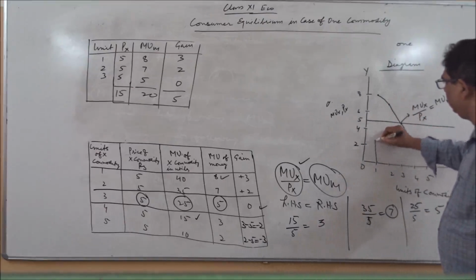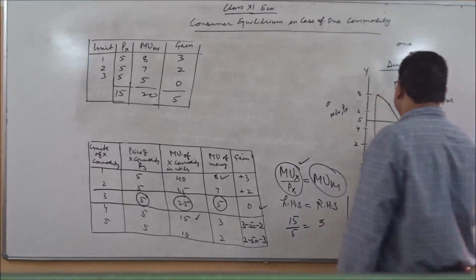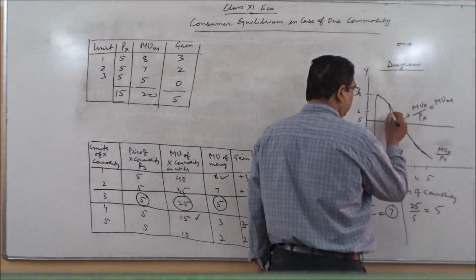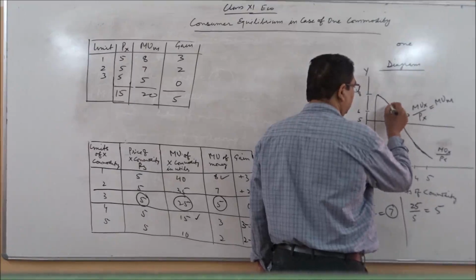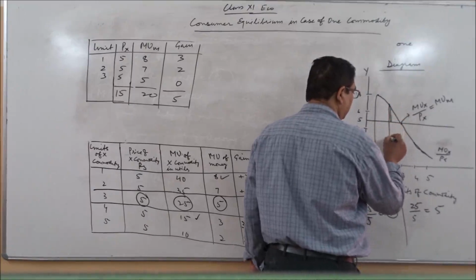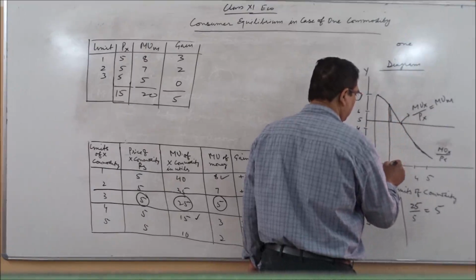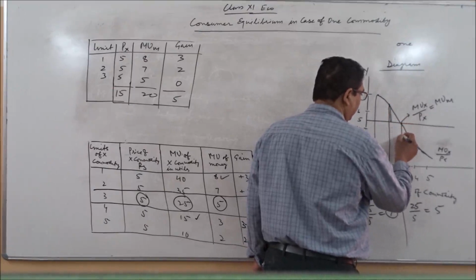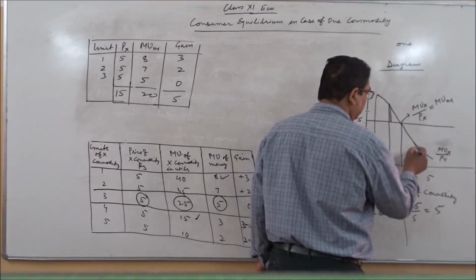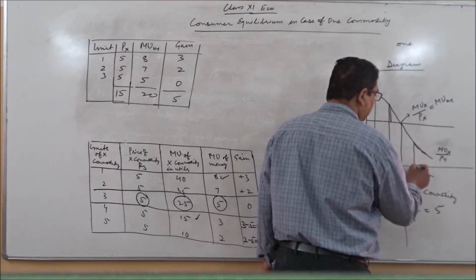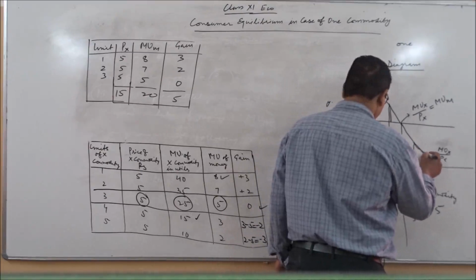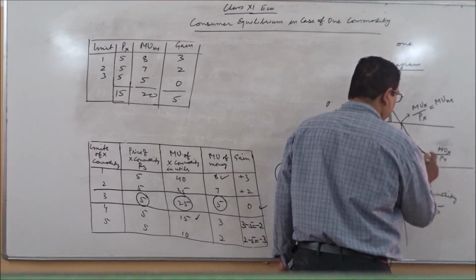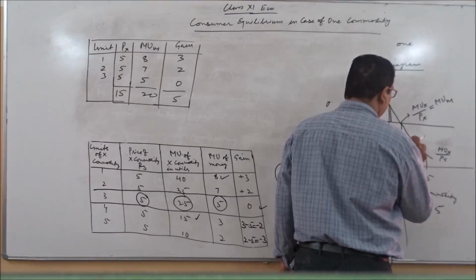First point, then second, then this is third. If you purchase the fourth, you will have loss. If you purchase the last one, again it has loss.